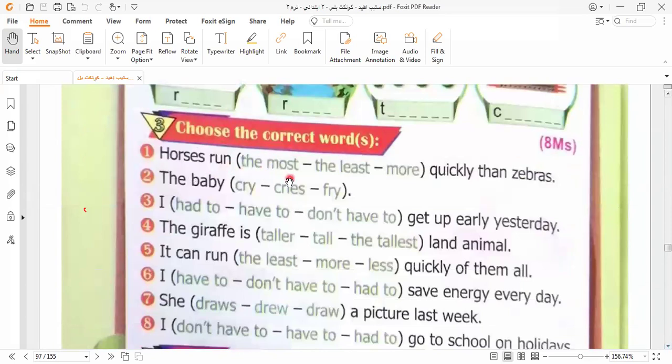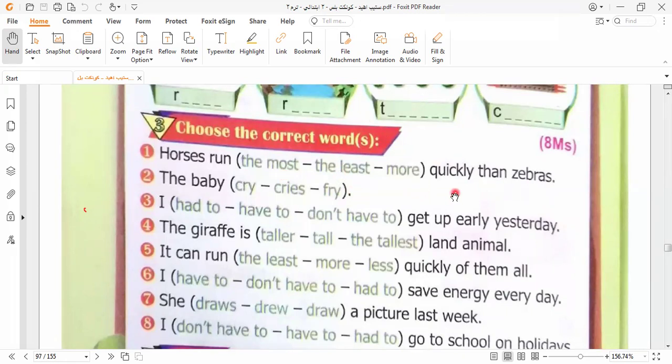Horses run more quickly than zebras. So here we have "than". Can we say "then"? As we explained last class, if you listen to the video and hear the difference between comparative and superlative, before the superlative we use the most, the least.